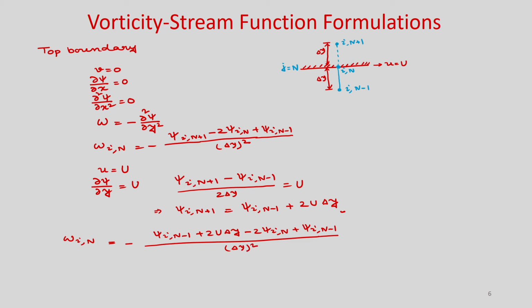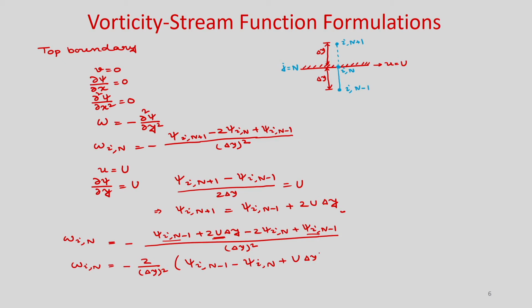Now you can see psi I n minus 1 appears twice, so you can write omega I n is equal to minus 2 by delta y square times psi I n minus 1 minus psi I n plus u into delta y, where 2 we have taken outside.